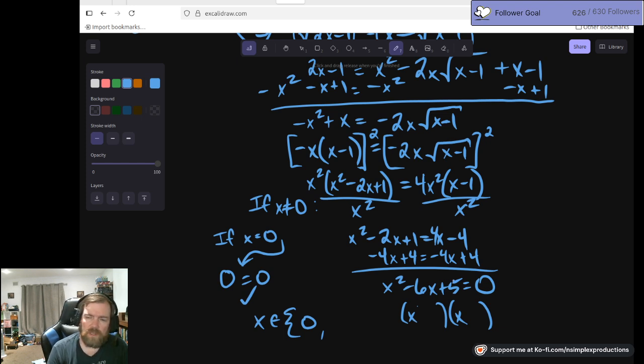They have to have like signs, and the bigger one is negative because of the negative that's in there. Like signs, so they're both negative. We have to have factors of 5, so 1 and 5. They must add up to negative 6, which they do. x minus 1 times x minus 5 is 0, which allows us to then say that x could be 1 or 5.